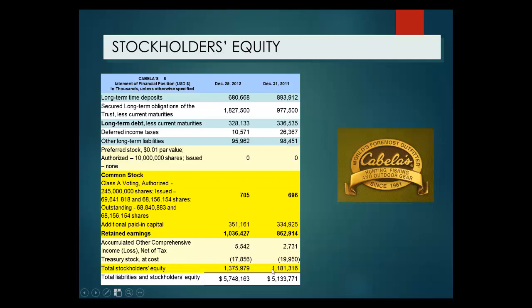But total stockholders' equity went from 1.181 to 1.375. So it's gone up. Now, let's look particularly at retained earnings. I want to draw your attention to that. When retained earnings goes up, think back to that retained earnings statement. We add to retained earnings if what? If we make net income. So the fact that retained earnings has increased for Cabela's tells us that this company made money last year.